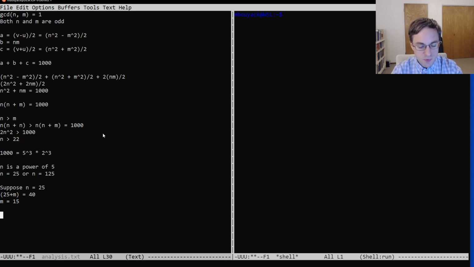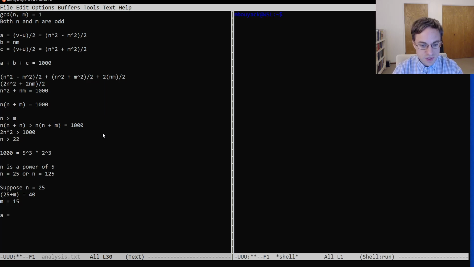And so from that, we can find our values of a, b, and c. Going back up to the top, you can see our equation for a is the difference of squares between n and m divided by 2.